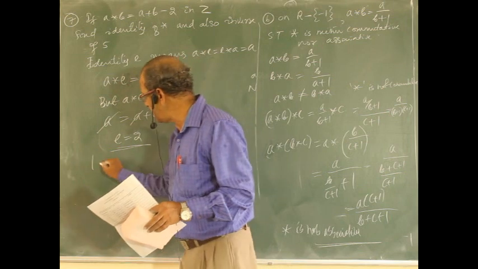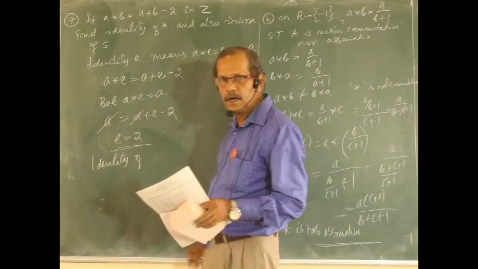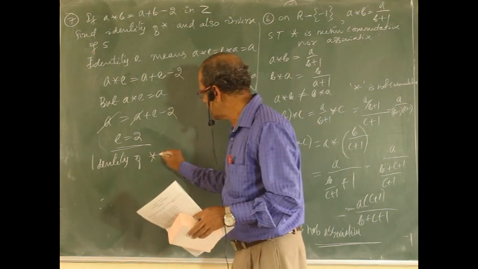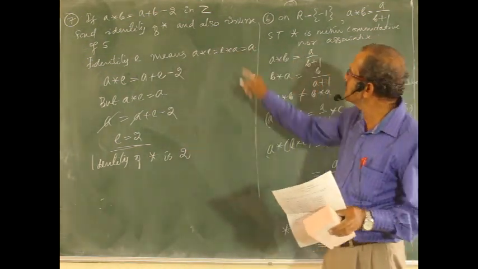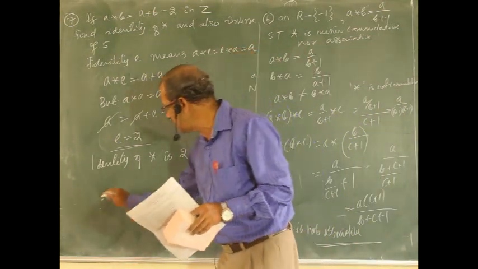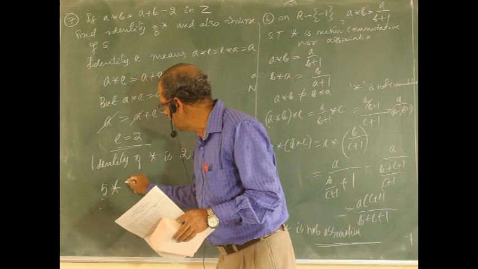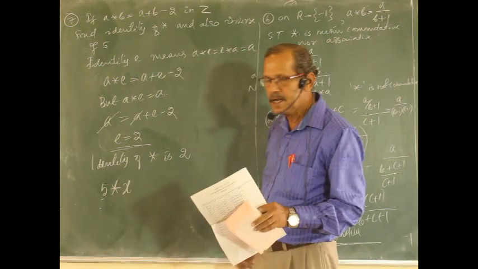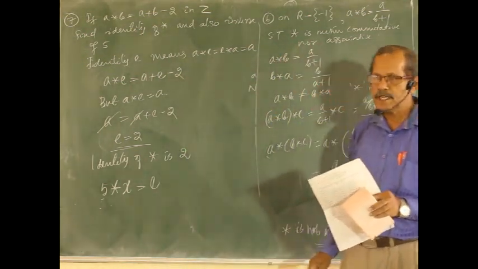Therefore, identity of star is 2. Now another question, see. Also find the inverse of 5. That means 5 star, which number? We don't know that. Is identity. Inverse means what?